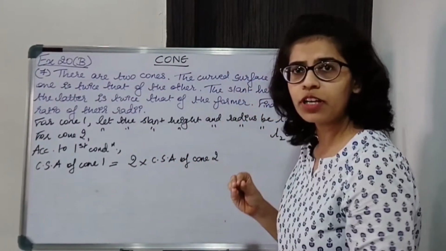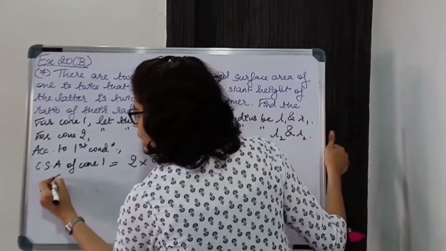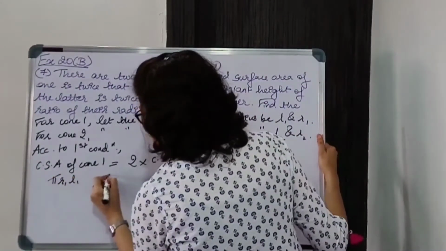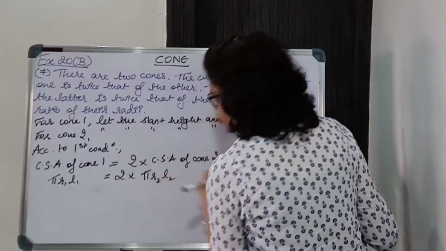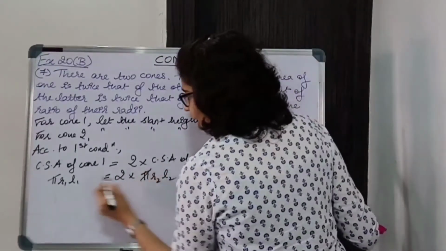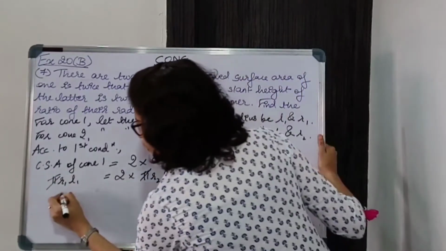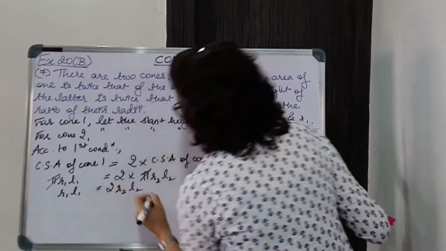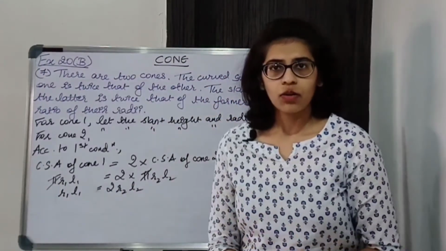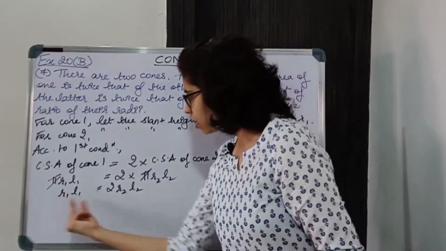Now what is the formula for cone? Pi RL. So pi R1 L1 is equal to twice of pi R2 L2. Pi will get cancelled. We are left with R1 L1 equal to twice R2 L2. Now we have to find R1 upon R2.